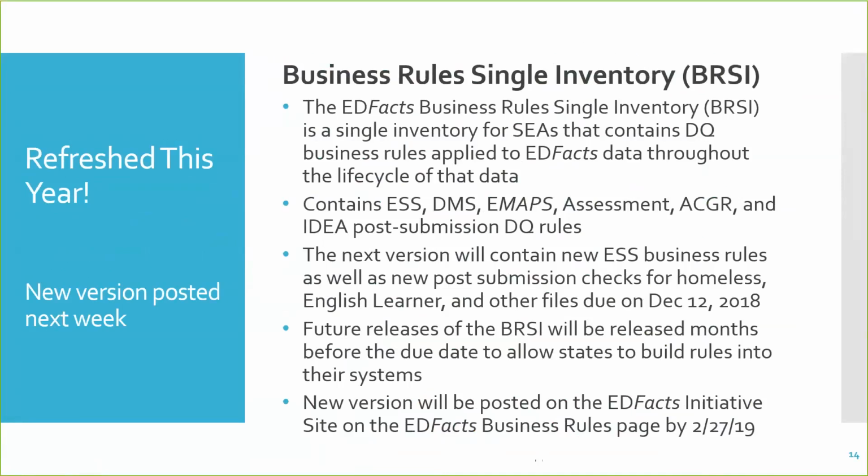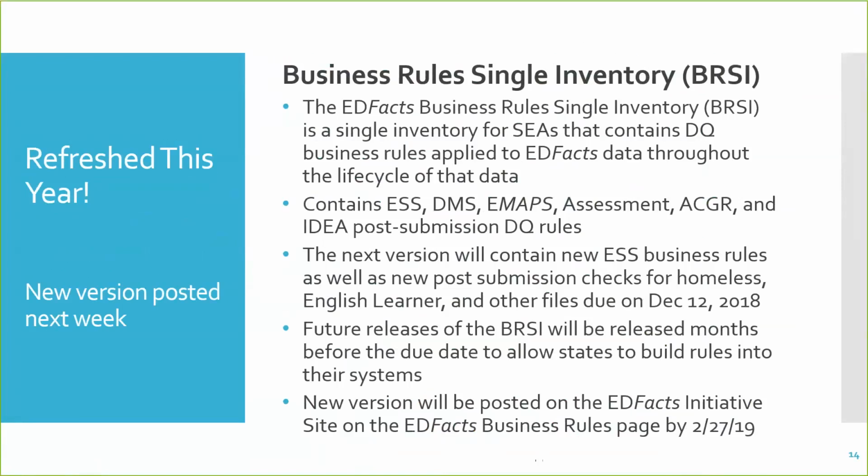For folks that aren't familiar, it contains the ESS business rules, the EDFacts submission system, the DMS, the data management system rules, EMAPs, the metadata rules, assessment, so the post-submission assessment, ACGR, and the IDEA data quality rules.